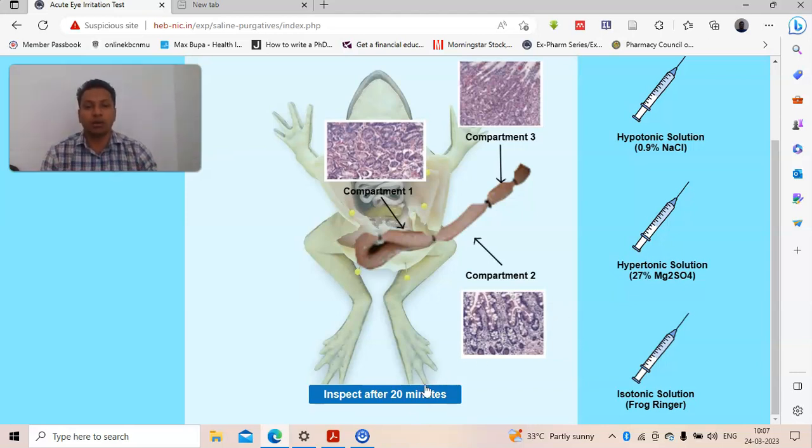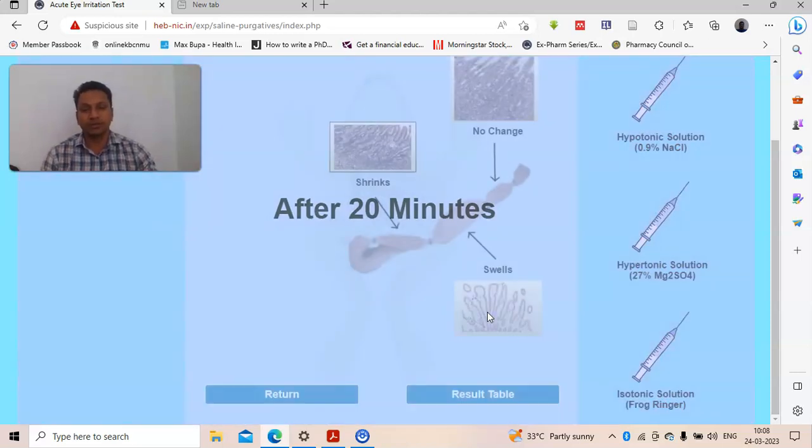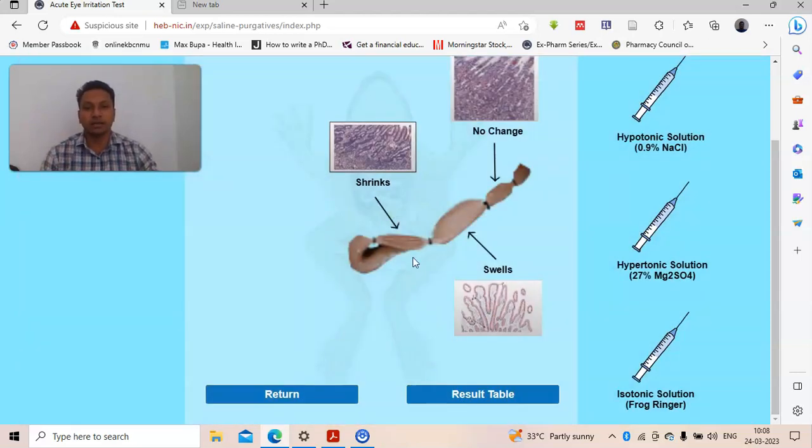So what are we observing after injecting these solutions? We have to check the different effects of these solutions on the different compartments of the frog intestine. After 20 minutes we can see that compartment 1 shrinks, compartment 2 swells, and compartment 3 shows no change.